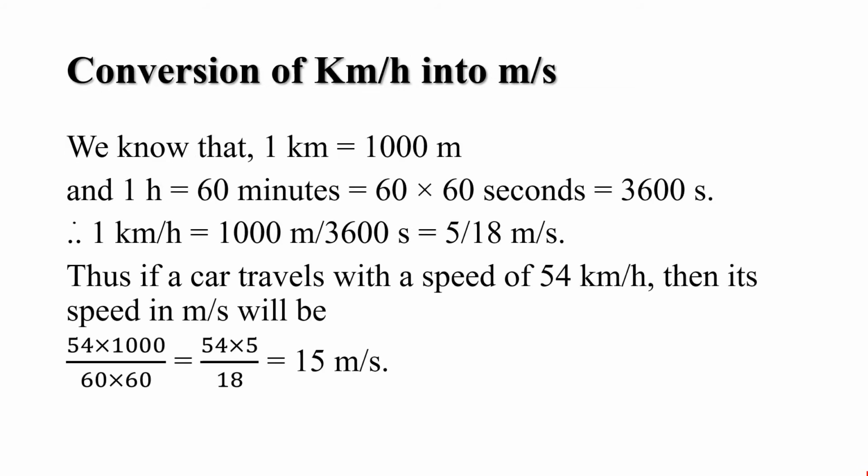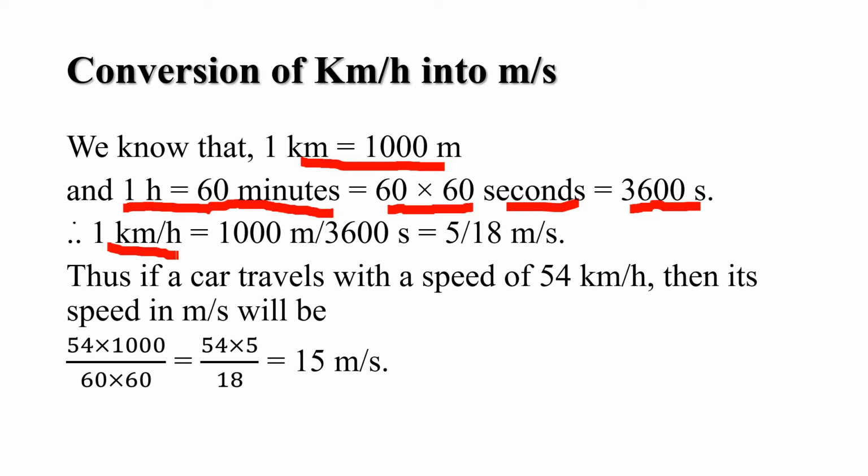And students, now let us understand the conversion of kilometer per hour into meter per second. We know that 1 kilometer equals 1000 meter, and 1 hour equals 60 minutes, and 60 minutes equals 60 into 60 seconds, that is 3600 seconds.